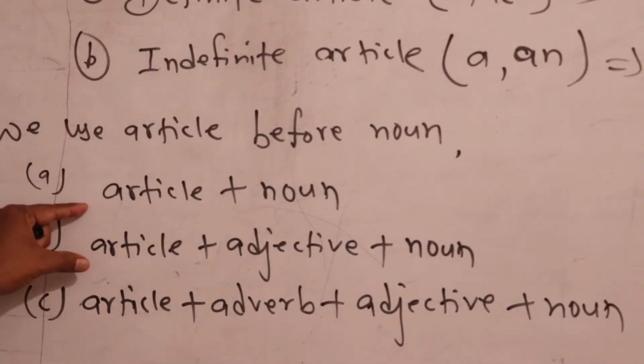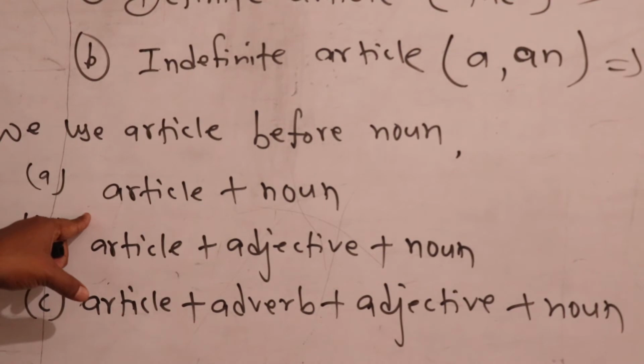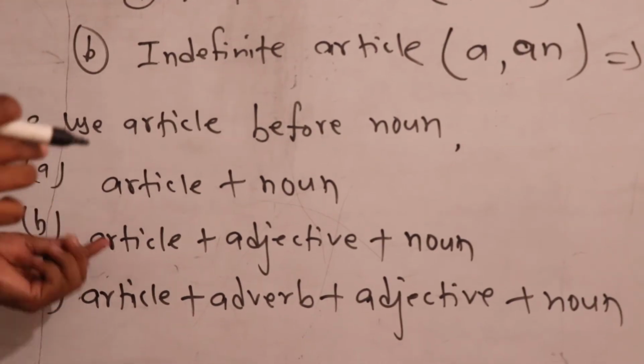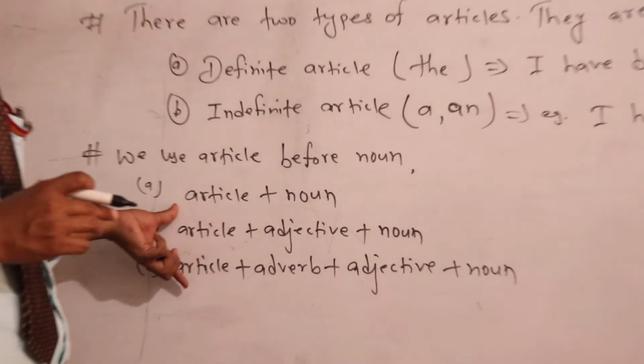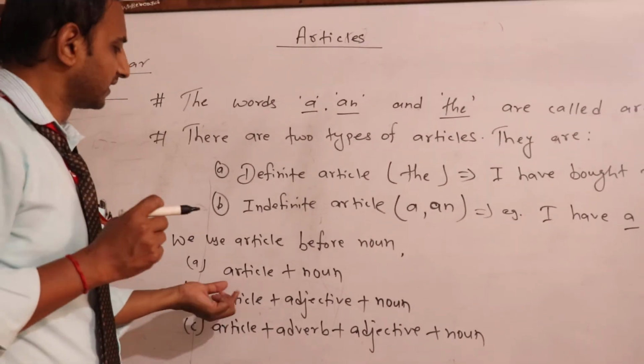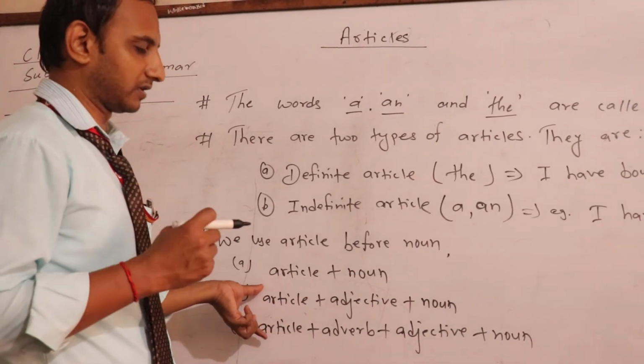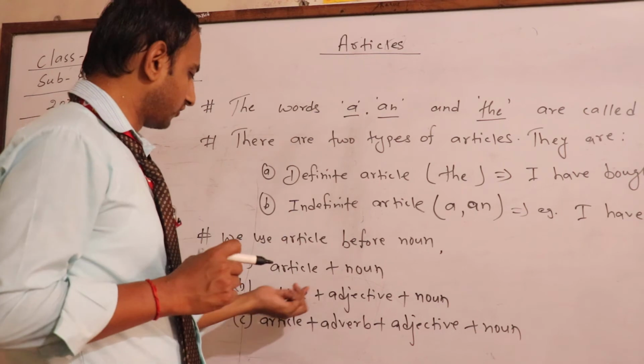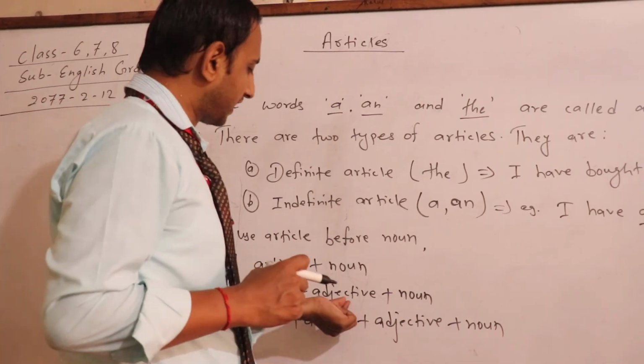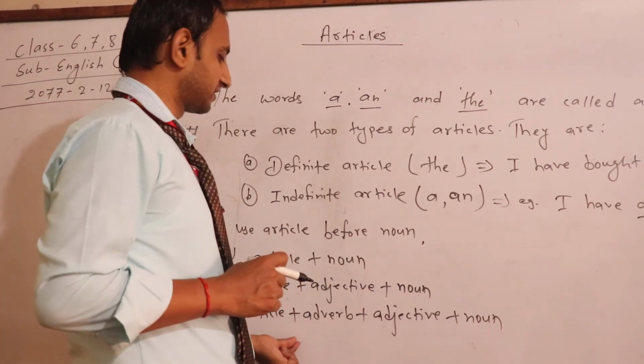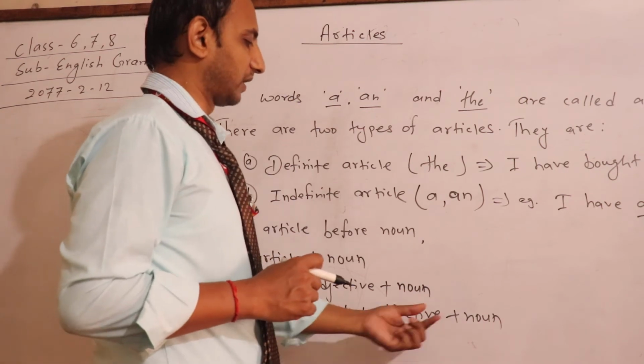Look at these three structures. So when there is an article in a sentence, it comes in these types of structures. Sentence मा article छ भने यो तीनवटा स्ट्रक्चर को आधारमै आउँछ है. Article plus noun, article plus adjective plus noun, article plus adverb plus adjective plus noun.